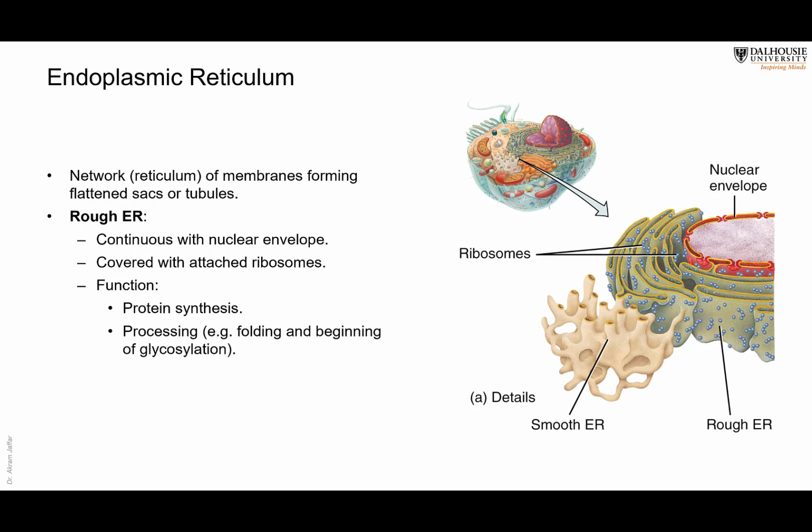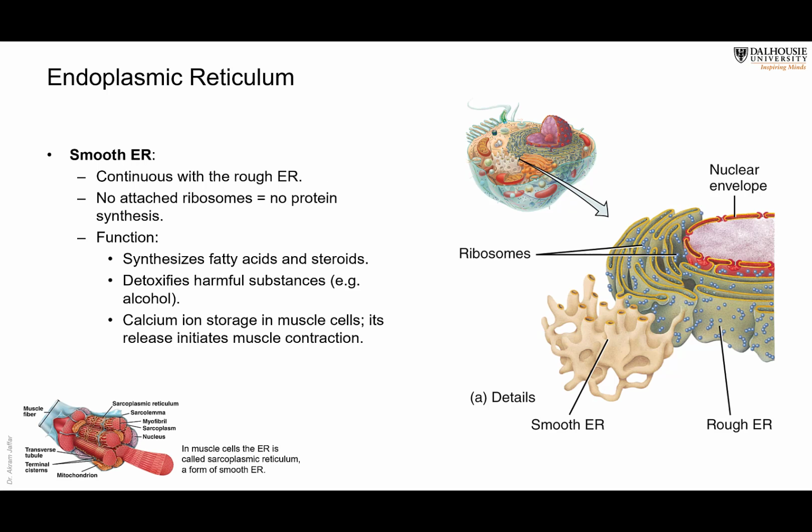In addition, some proteins have things added to them, for example glucose to form glycoproteins, or lipids to form lipoproteins, or, in hemoglobin, iron is added. So multiple things are added. It's not just a simple chain of amino acids. This is called processing. The processing of protein starts in the rough endoplasmic reticulum, but the main site for processing of protein is the Golgi apparatus, as we will see in a moment.